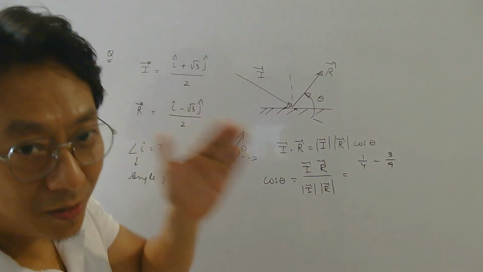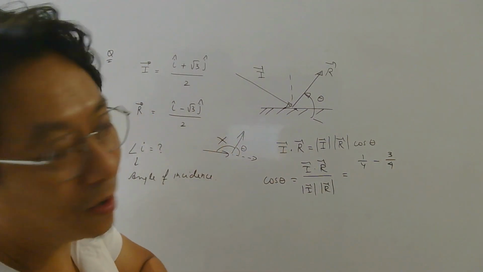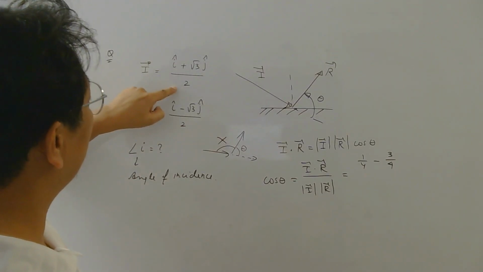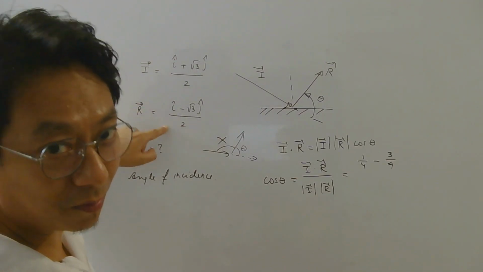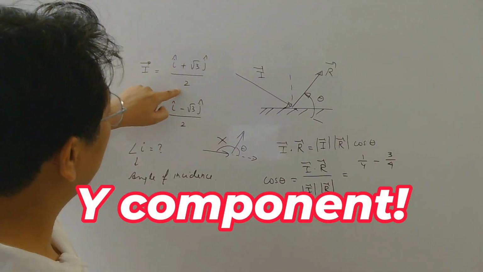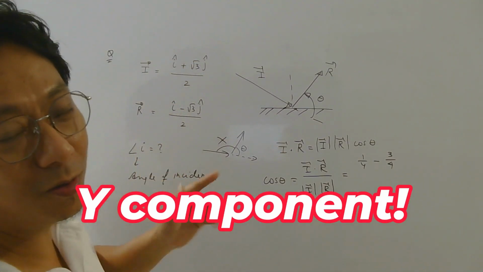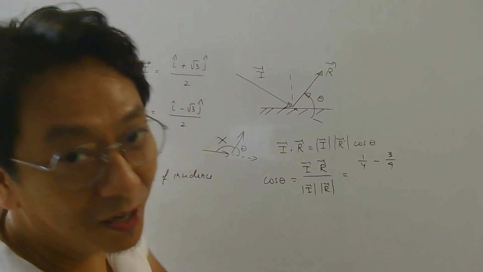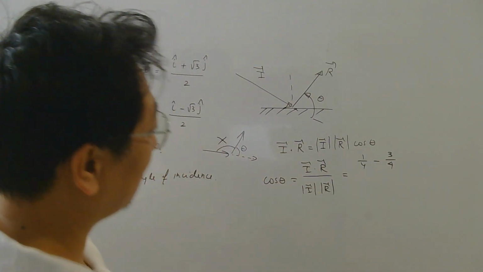We have to multiply the x component and the y component. So the x component is 1 by 2, here the x component is 1 by 2. So it will be 1 by 4, and here the y component is root 3 by 2, here it is minus root 3 by 2. So when you multiply, you will get minus 3 by 4.